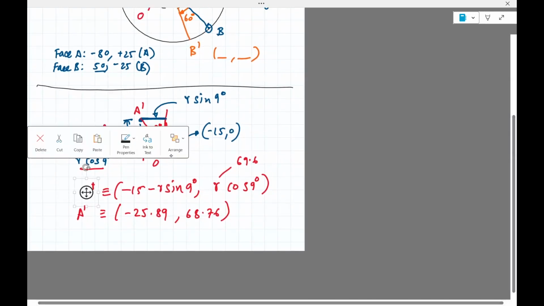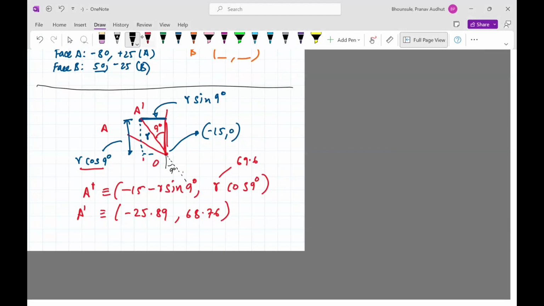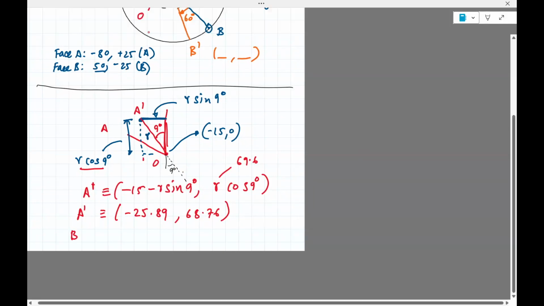And then we also need the coordinate of B, which can be obtained if you do the same thing with point B. Just extend the line down, use the fact that it's 9 degrees, and then you'll see what B is. So I would like you to figure that out and just verify the math.